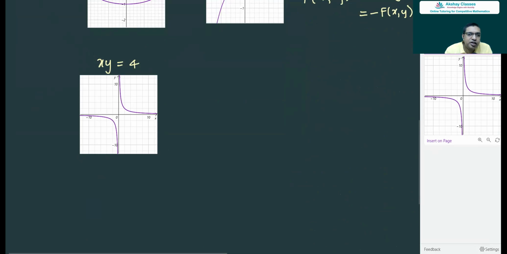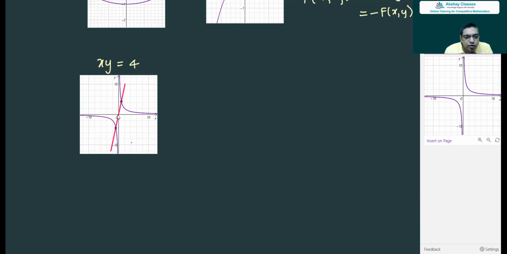When we say symmetric about the origin, what does it mean? You take any line passing through the origin, so any chord of the curve passing through the origin. So symmetry means this is the chord, this point and this point.